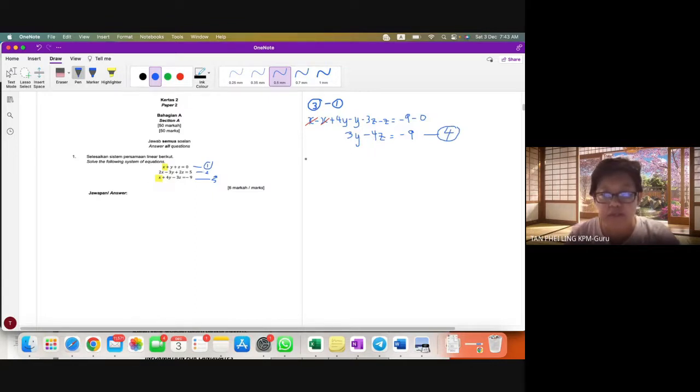So we have to take equation 1 times 2 first, so that you will have 2x plus 2y plus 2z equals to 0. Then we have equation 2, which you can just copy down. 2x minus 3y. Sorry, this one is a bit not nice, so I rewrite.